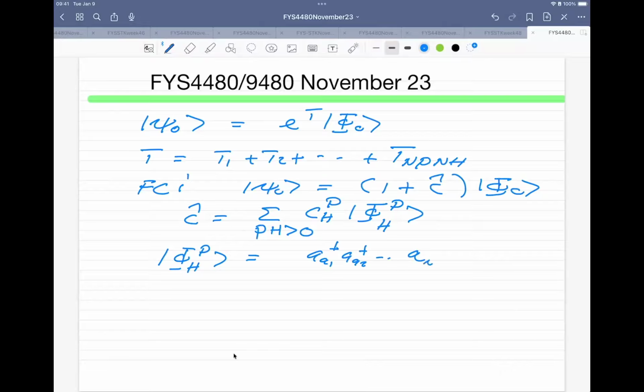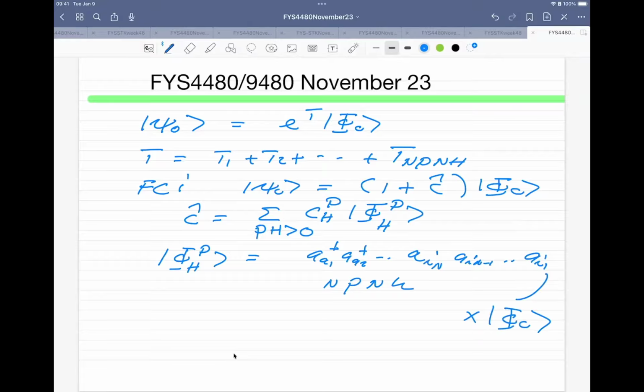And then we would have an i_N here, and then an i_{N-1}, and this goes all the way down to a_{i_1} here, like that. And this would then be a given N-particle, N-hole excitation. And this is then multiplied with the ansatz for the ground state. So that was roughly the setting which we had.